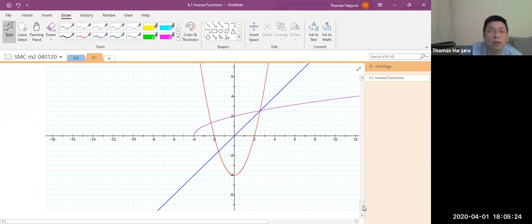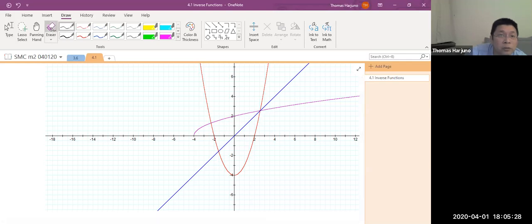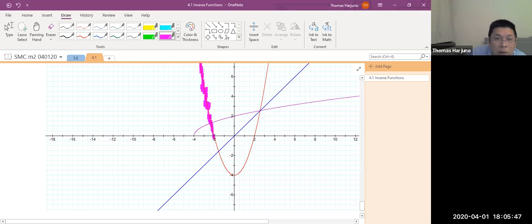Now the thing is, because of the restriction, we don't have this part here. This part here is not part of our inverse function.